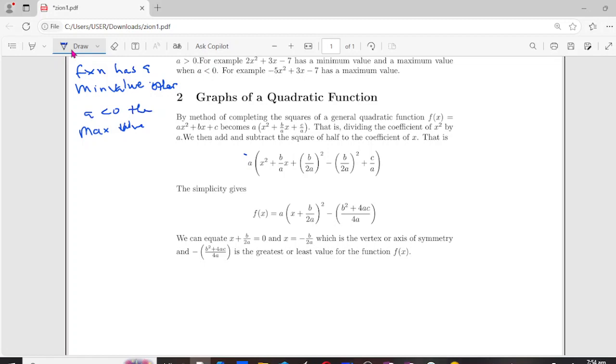But today we will be looking at how to find the minimum value and then the maximum value using the method of completing the square.